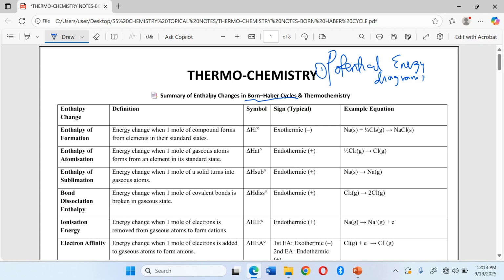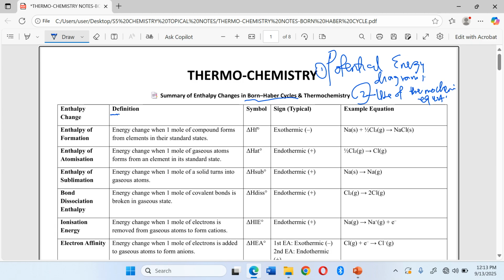Then we can also use another method which you call the use of thermochemical equations. So in this session, we are going to look at the different enthalpy changes.